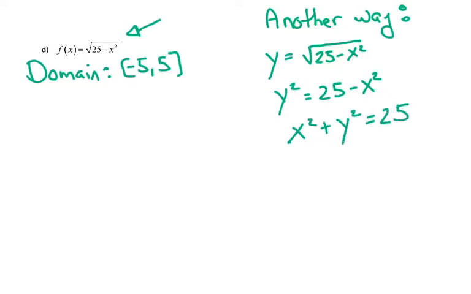So this is the upper half of a semicircle. So then you can figure out, oh, well, it's going to intersect the x-axis at the radius 5 and -5. So many ways to figure out the domain of this function. You pick the one that works for you.